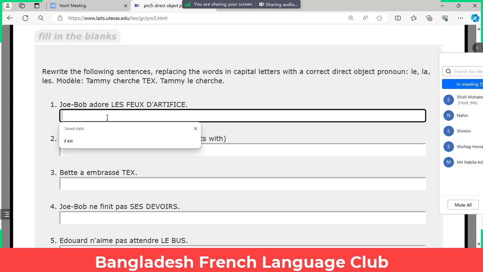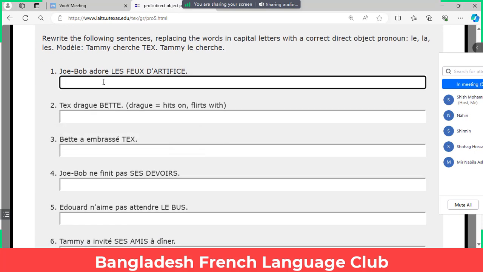So how do we change them? First, we check whether it is a direct object or indirect object complement.